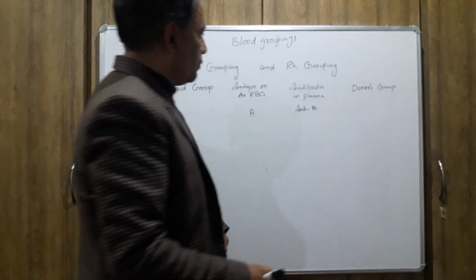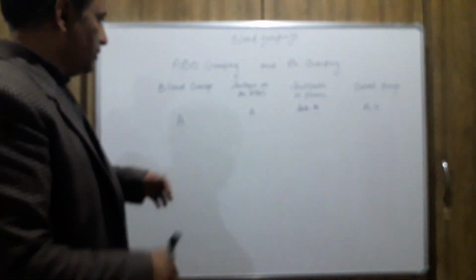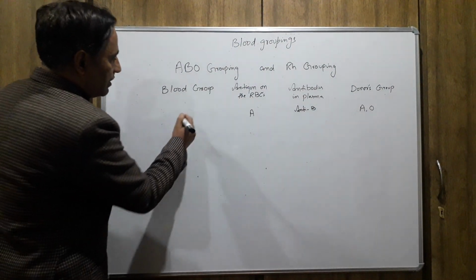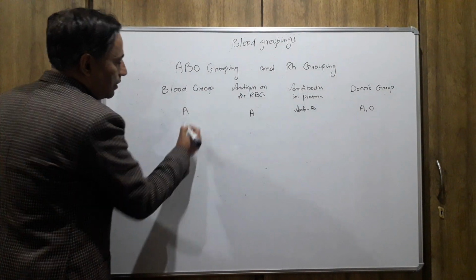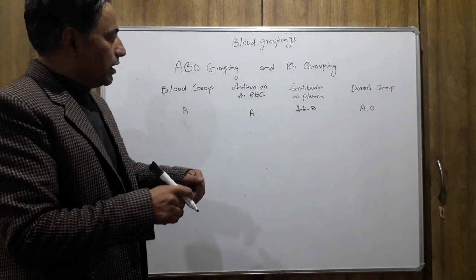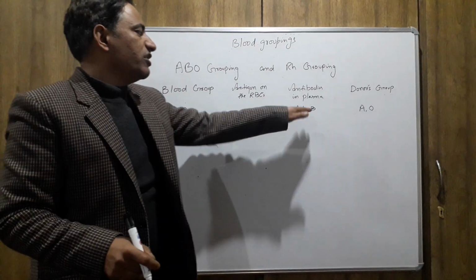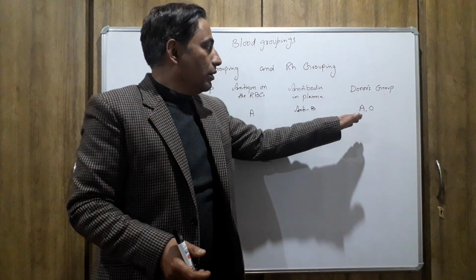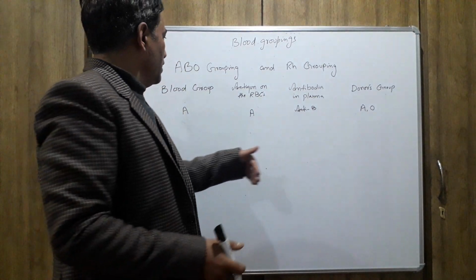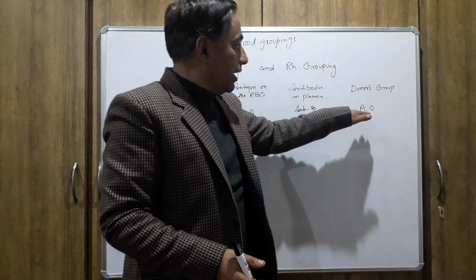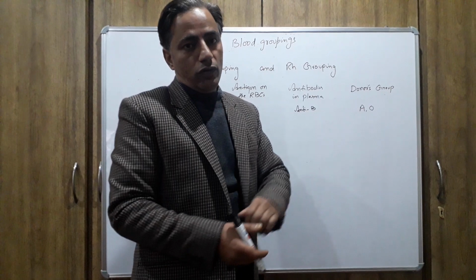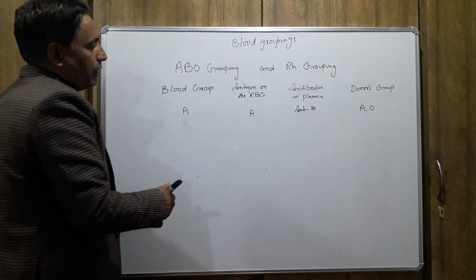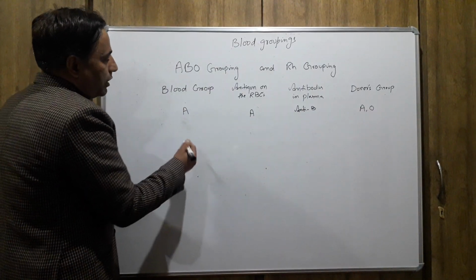And the donor's group must be group A or O. That means if a person has blood group A, in his plasma would be anti-B, and such a person can only be given the blood of a person whose blood group is also A or O.